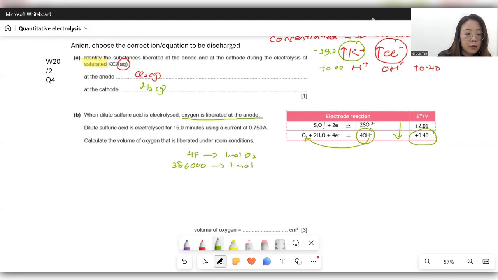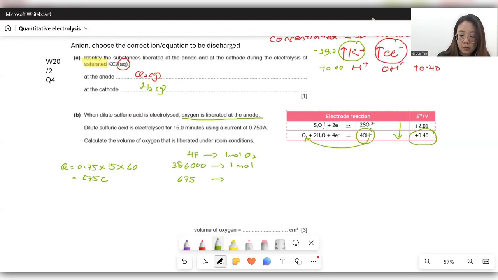Let's calculate in your experiment. How much did you pass? You passed 0.75 ampere times 15 minutes, converted to seconds, which is 675 coulomb. So you only passed 675 coulomb. How much are you obtaining here?